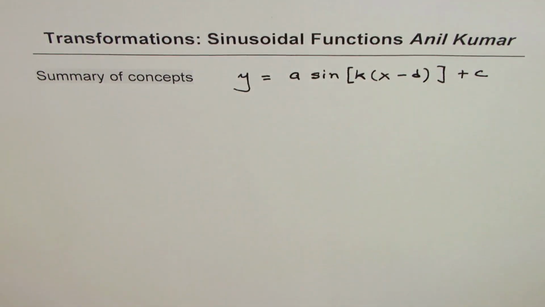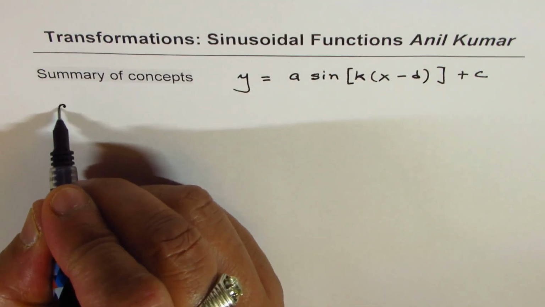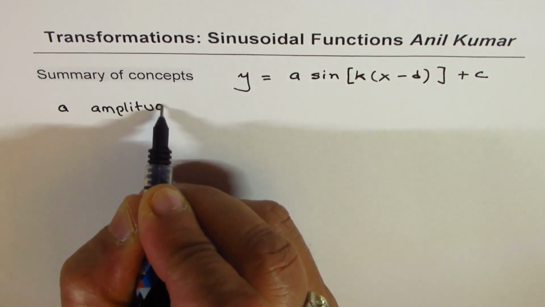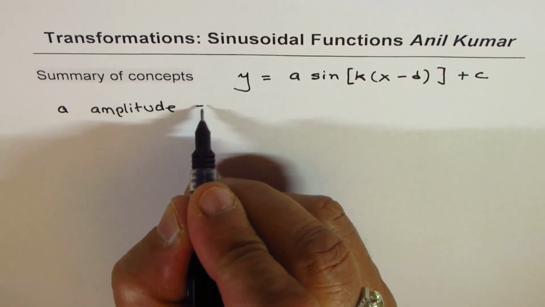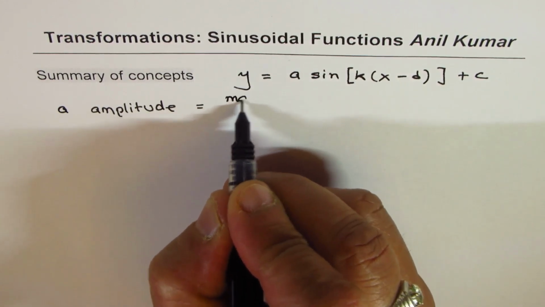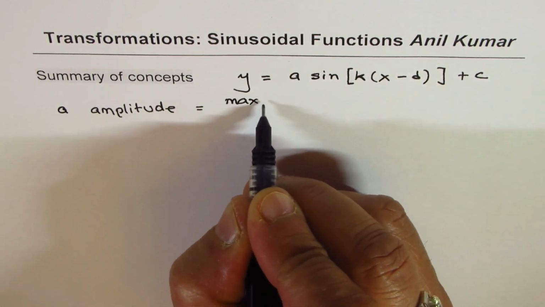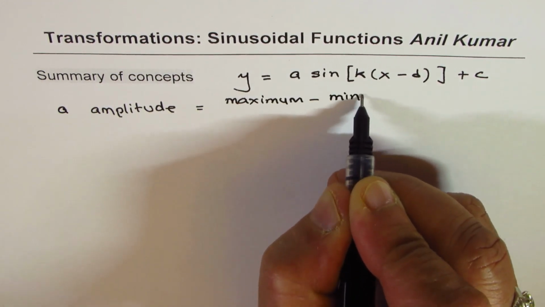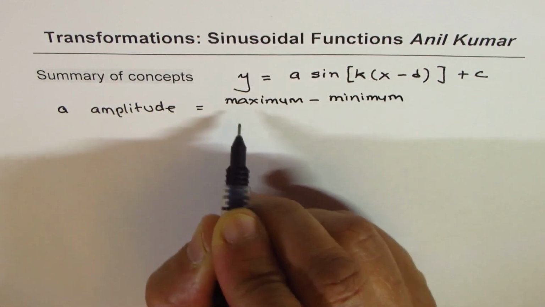plus c, right? Now in this case, amplitude is a, which can be calculated if you know maximum and minimum values, right? So it is maximum minus minimum value divided by 2.